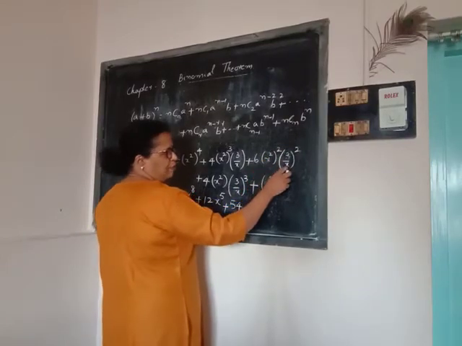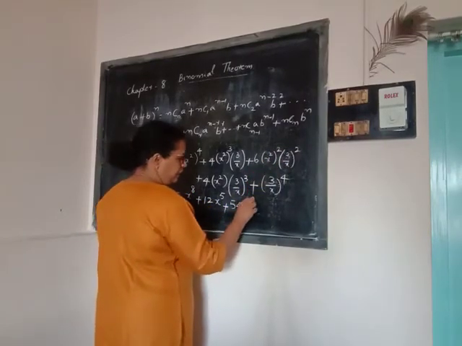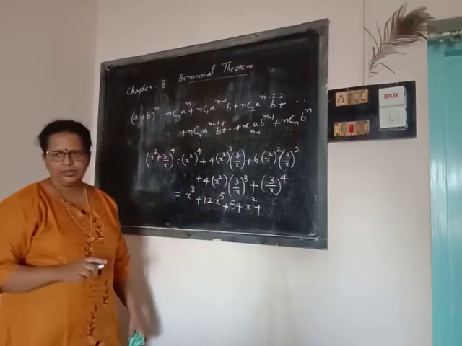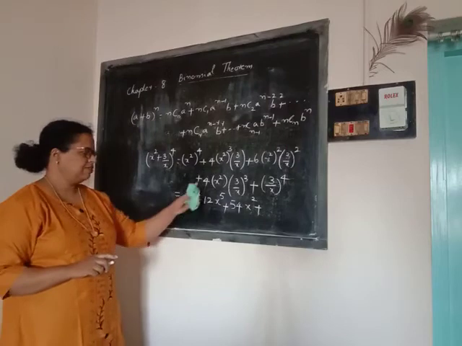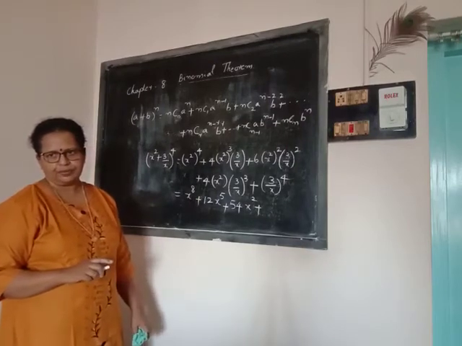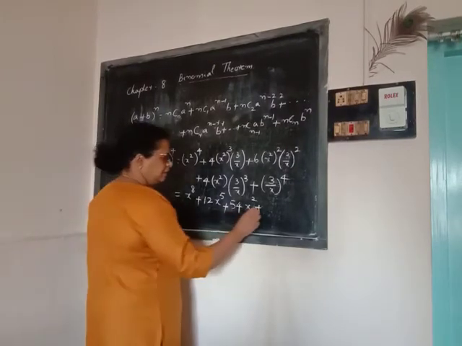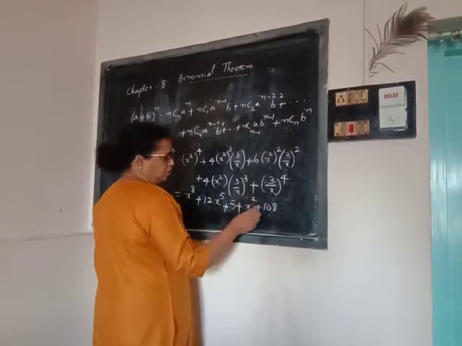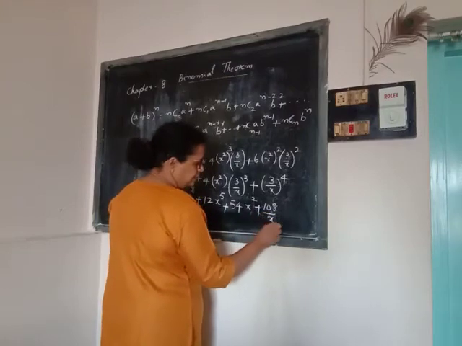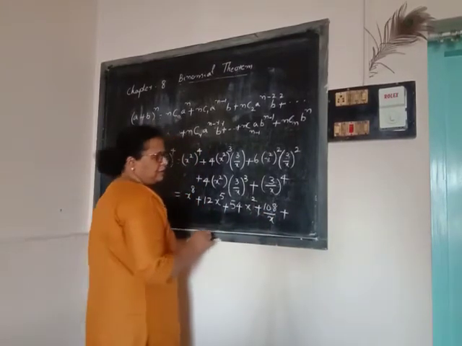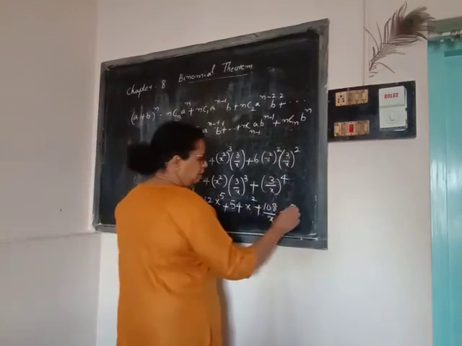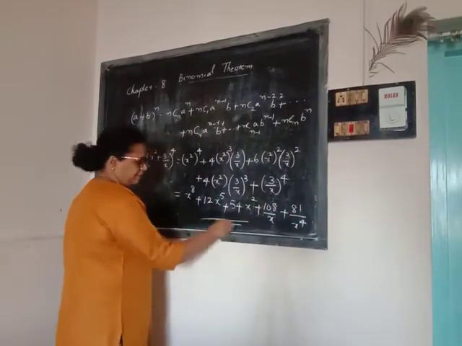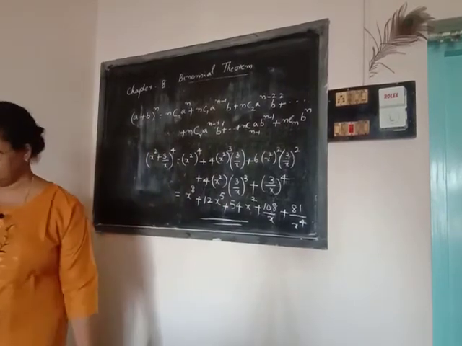So x raised to 4 by x squared gives x squared, plus this is 3 cube. 3 cube is 27. 27 into 4, 108. Then x squared by x cube, so it will be by x, plus 3 raised to 4 is 81 by x raised to 4. This is the simplified answer.